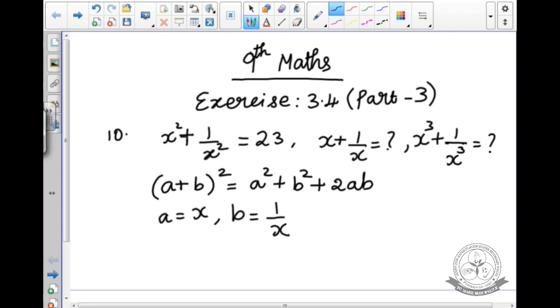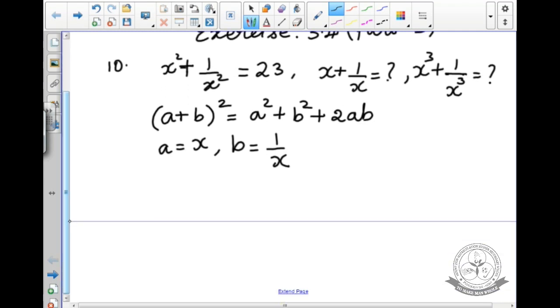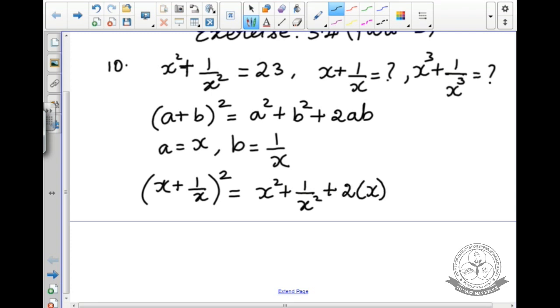So a is equal to x and b is equal to 1 by x. What do you get? x plus 1 by x whole square is equal to x square plus 1 by x square plus 2 into x into 1 by x.